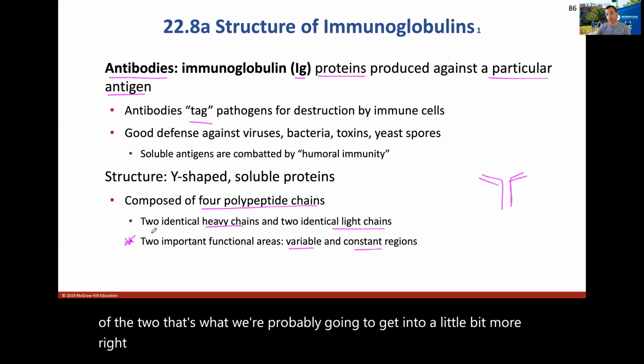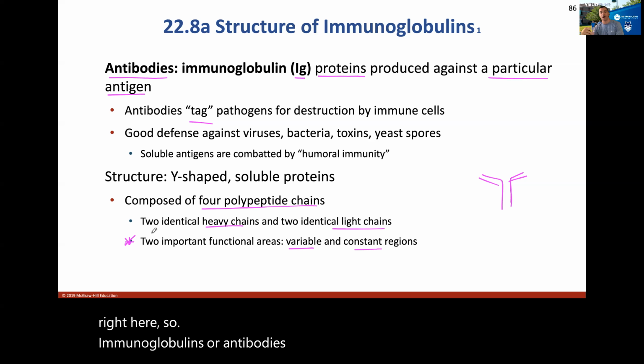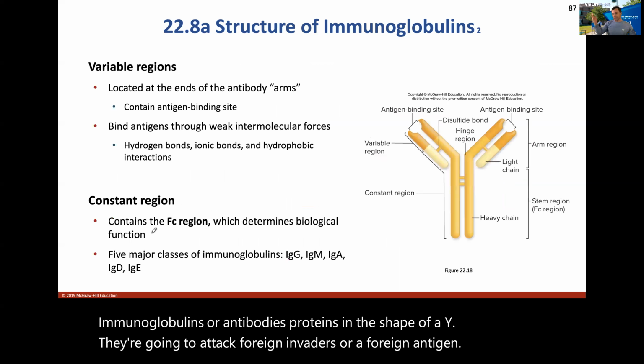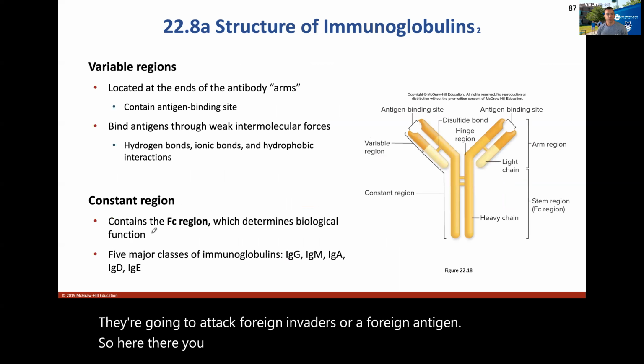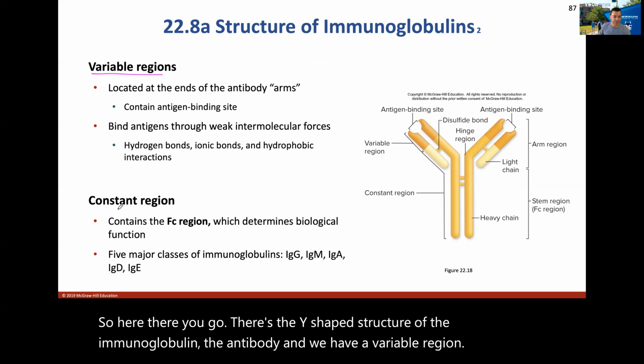So immunoglobulins or antibodies are proteins in the shape of a Y that go and attack foreign invaders or a foreign antigen. So there you go. There's the Y-shaped structure of the immunoglobulin, the antibody. And we have a variable region, and we have a constant region.